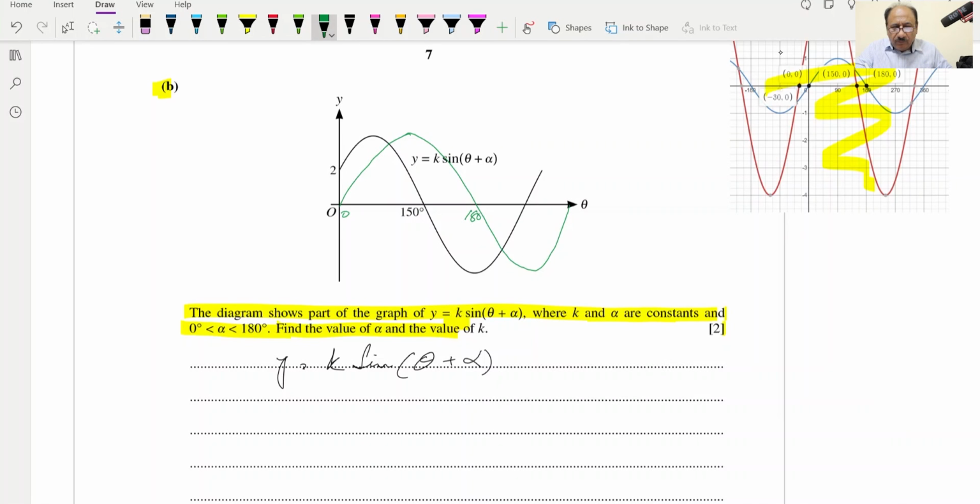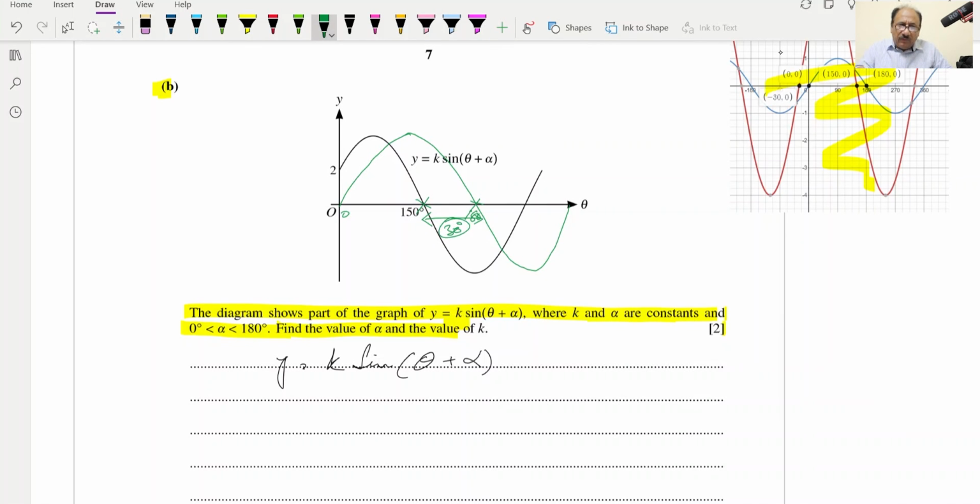At 180 it is approaching 0. But instead of 180, it is intersecting the x-axis at 150. So it means there is a difference of 30 degrees.